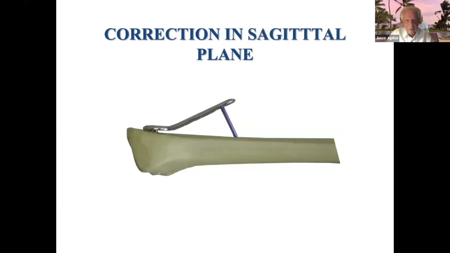And in the sagittal plane, you can have an idea to what degree you are going to need to correct the extension deformity to bring it back to the palmar side. And you can do this to give you some idea using the plate as well.